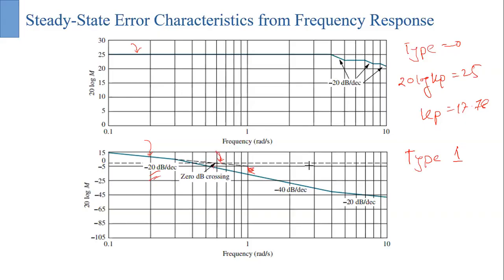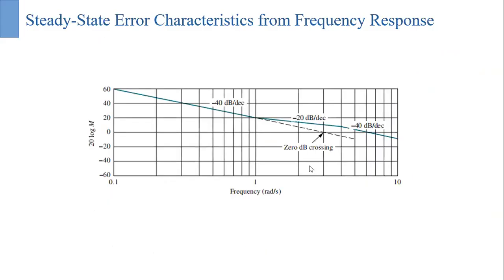And the corresponding frequency we have to figure out, and you can see that it is almost 1. This is 0.1, 0.2, 0.3, 0.4, 0.5, somewhere in between, 0.57 or something like this. So this is actually equal to your Kv, whatever it comes in the middle. So this is what we are going to get.